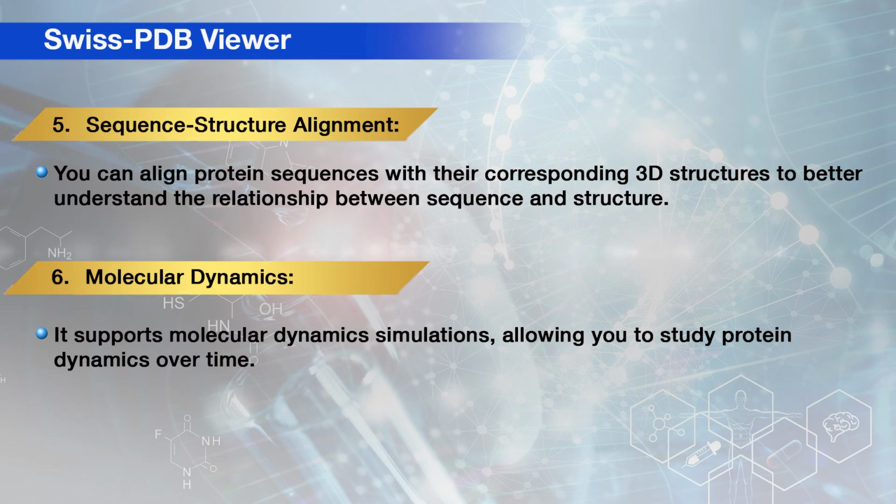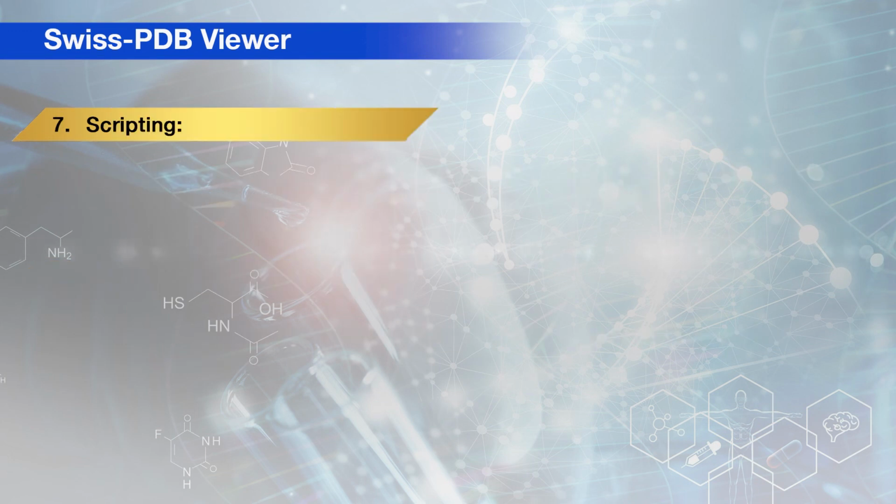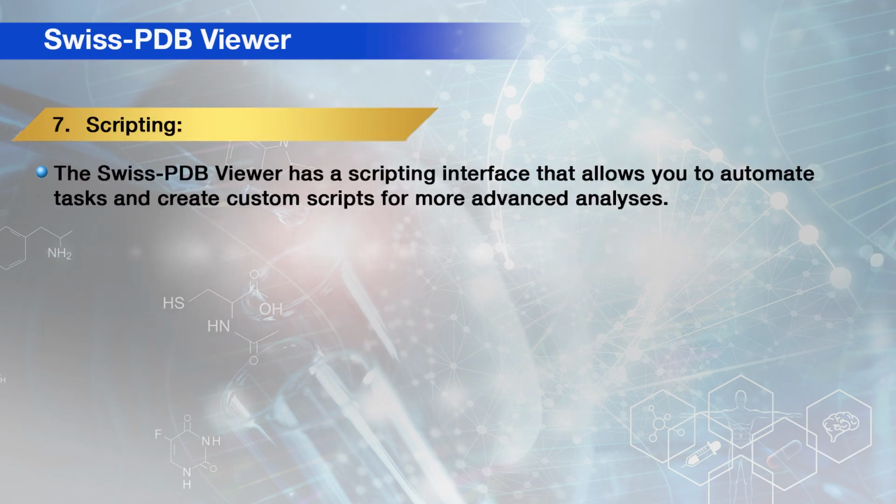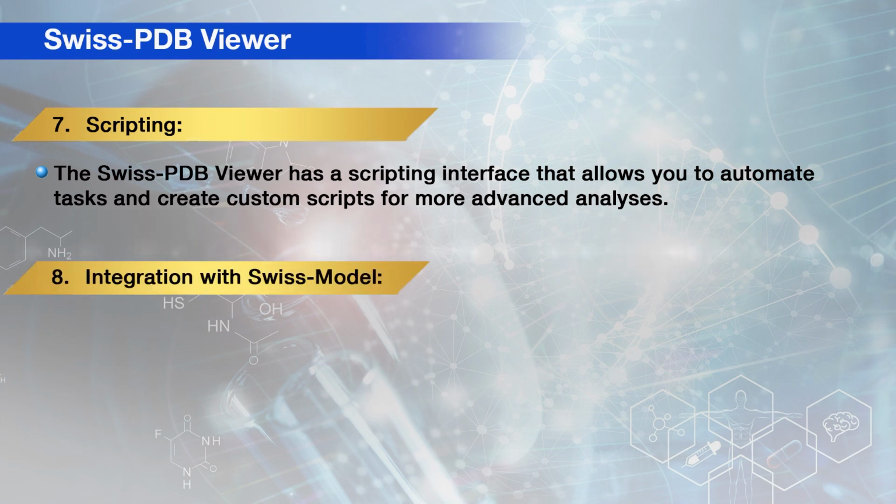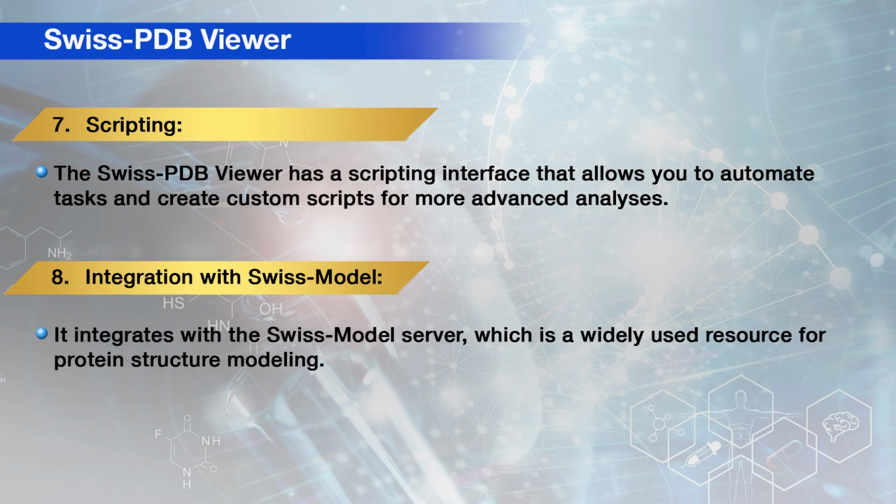It supports molecular dynamics simulations, allowing you to study protein dynamics over time. Seventh is scripting. The Swiss PDB Viewer has a scripting interface that allows you to automate tasks and create custom scripts for more advanced analysis. Eighth is integration with Swiss Model. It integrates with the Swiss Model servers, which is a widely used resource for protein structure modeling.